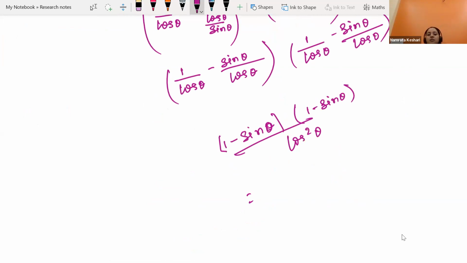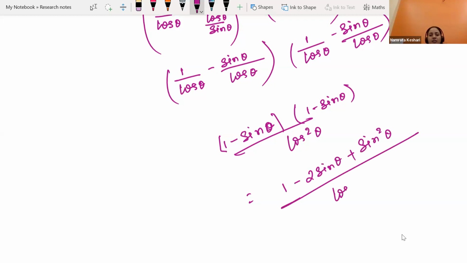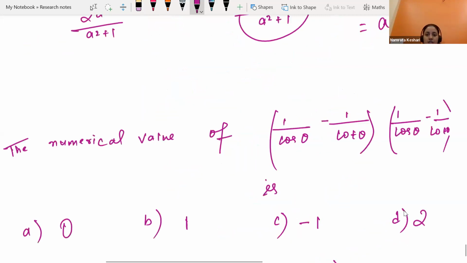Okay. Now if we use the formula a square minus 2ab plus b square, are we getting anything, like the value we are supposed to find? Just a second. Let me check whether I have copied the question correctly or not. 1 by cos theta minus 1 by cot theta. Okay, we can write it as sec theta, and also as tan theta.